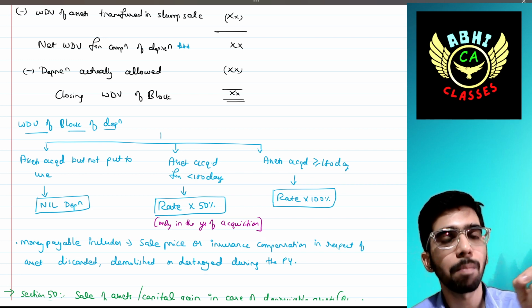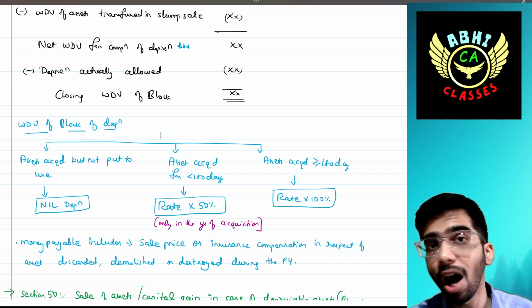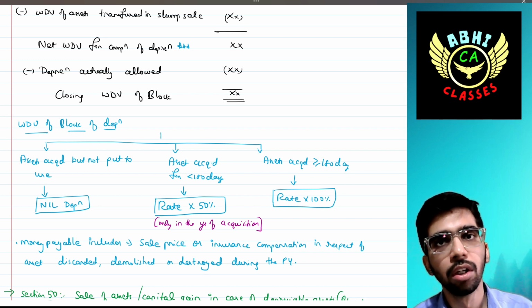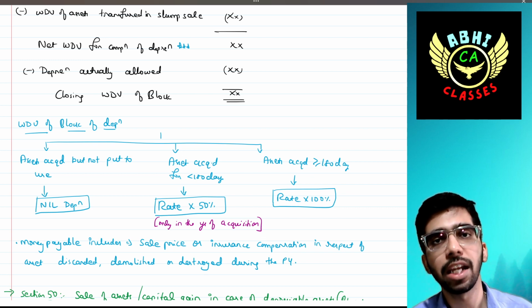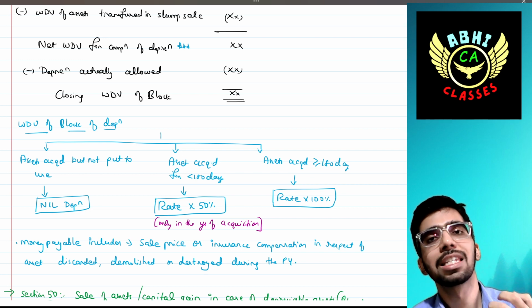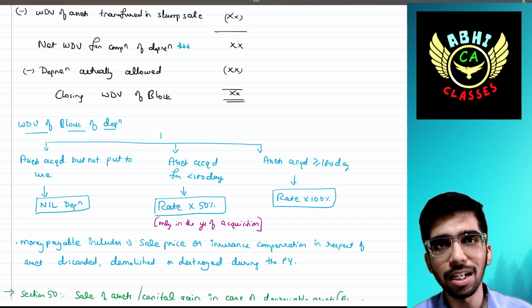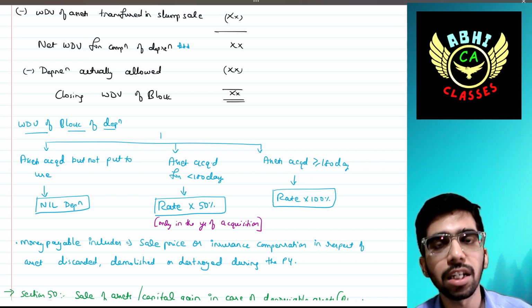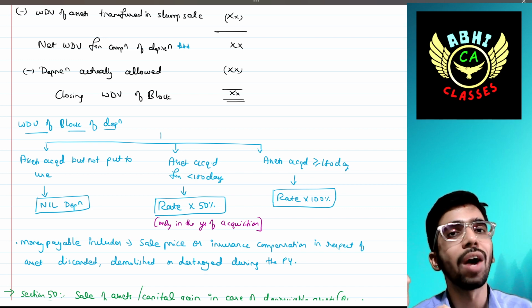Okay, and in this case, the plant and machinery cost into 15% into 50%. Half, that is 50%, means half for those assets which have been put to use for less than 180 days. For example, when the same machinery is put to use in the month of July 2023, and obviously it has been put to use for more than 180 days, the rate is 15% into 100%.